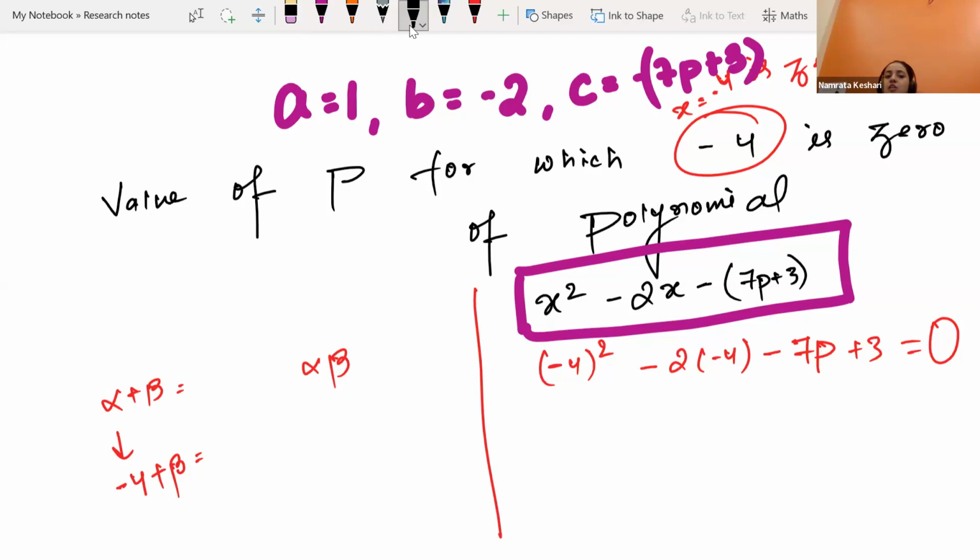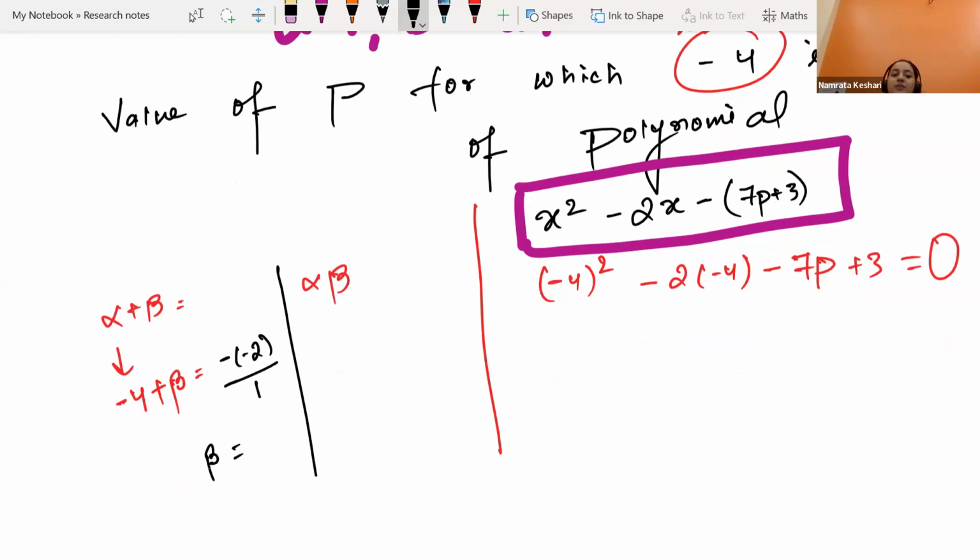Let's see whether it is possible to take out the value of p from here. Sum of the roots formula is minus B by A, so minus of minus 2 by 1. From here we will be able to easily find the other root, the beta value.